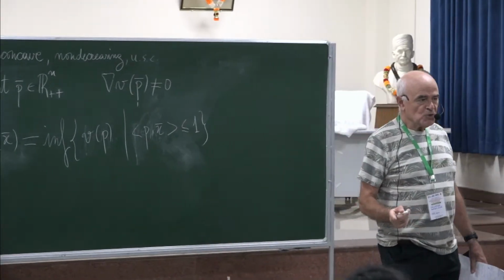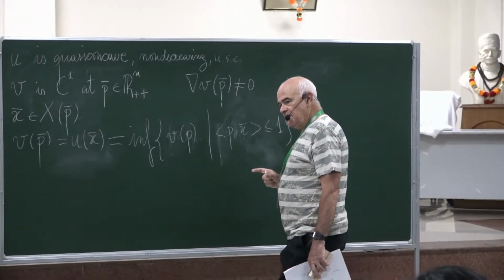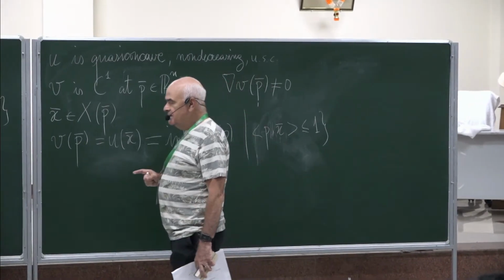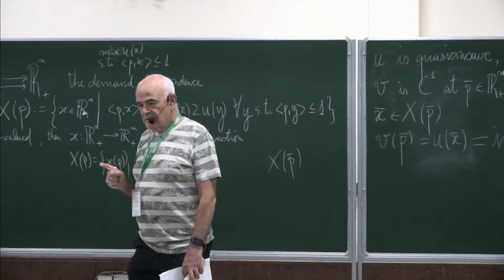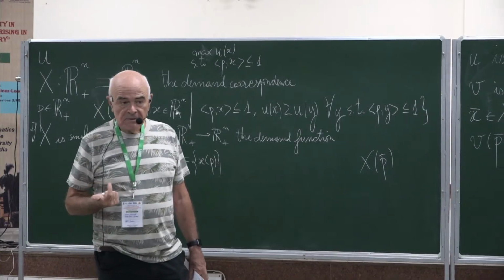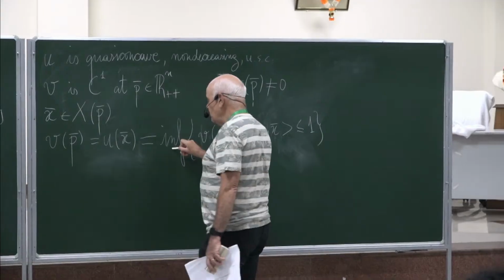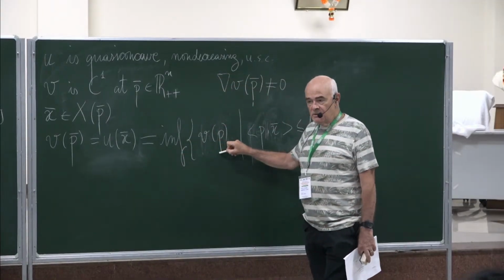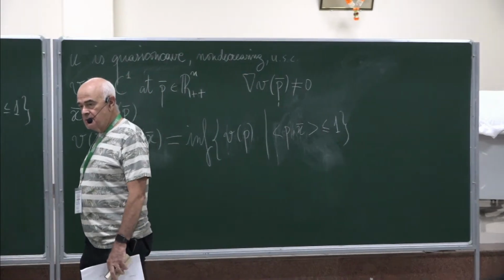What is the conclusion? What have we done with this simple step? Roughly speaking, to see that maximizing U is somehow equivalent to minimizing V. Because in this minimization problem for V, the optimal solution is P bar.